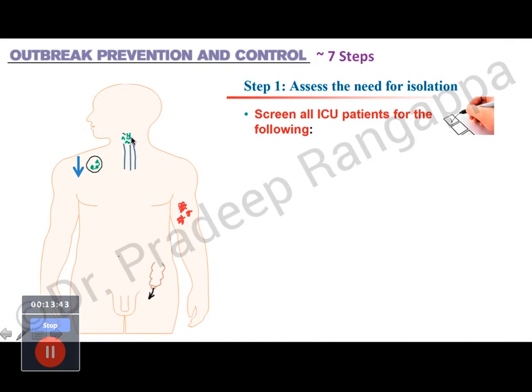This can be a patient who is colonized with MDR bugs, who is neutropenic, or who has skin lesions, vesicular skin lesions like varicella zoster or chickenpox, which have a potential to spread. Or if he has chronic diarrhea due to infective organisms like Clostridium. So these are some of the reasons you would ascertain to determine if they need isolation.